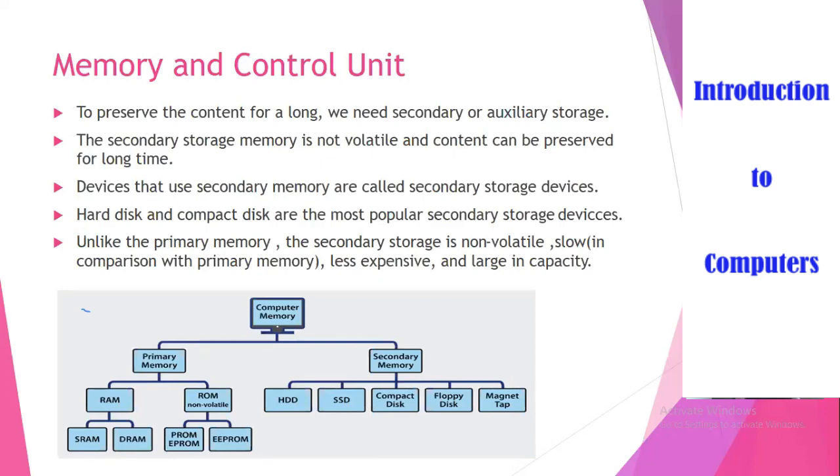Nowadays we can't do anything with that amount of storage, so we are not using floppy disks. Then comes magnetic tape. Magnetic tape is a kind of tape where a magnetic coating is there. If you have seen older video cassettes or older audio cassettes, you might have seen that.